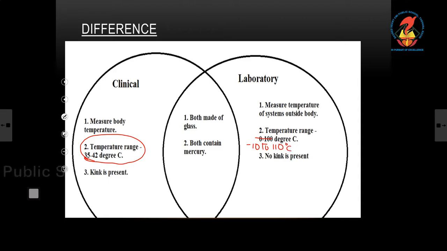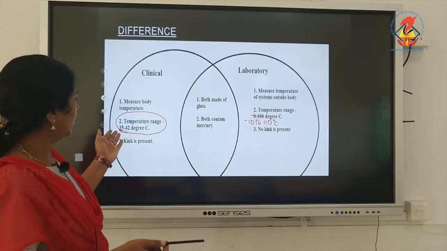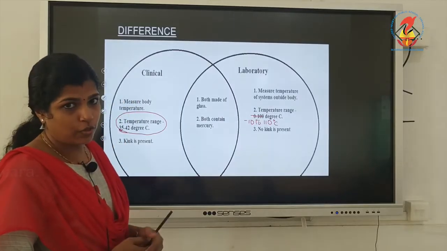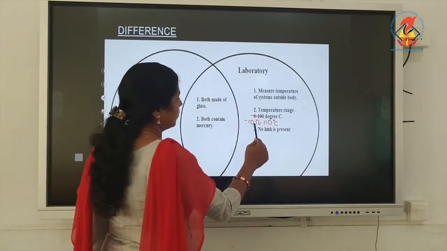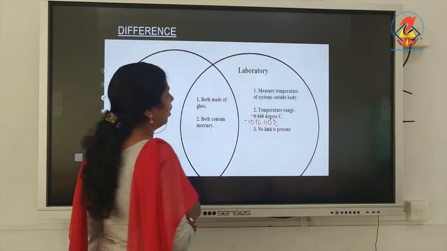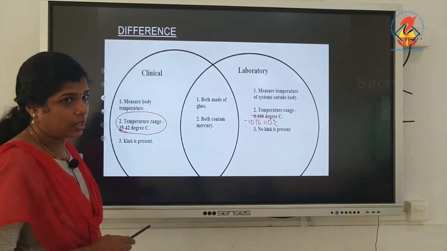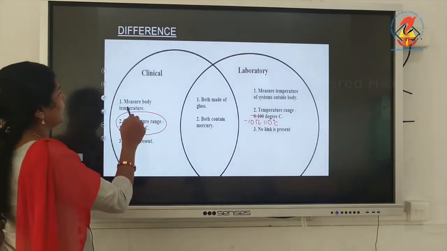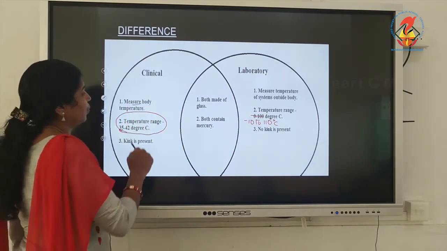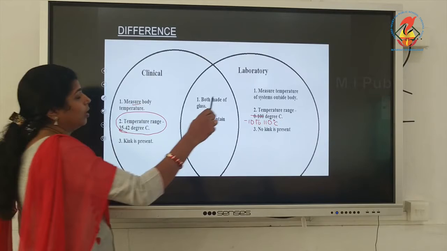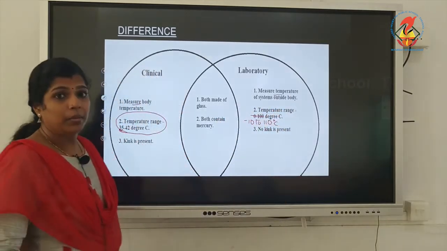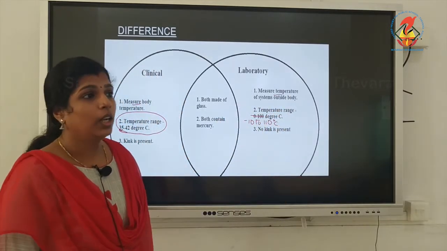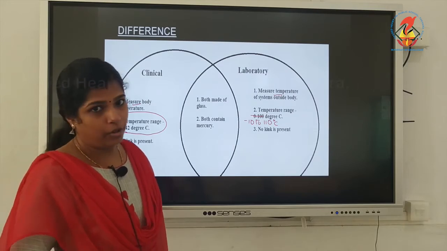It may change depending upon the thermometer. So, the temperature range is from 35 to 42 in the case of a clinical thermometer. In the case of a laboratory thermometer, it is from -10 to 110 degrees Celsius. A clinical thermometer is used to measure the temperature of our body, and a laboratory thermometer is used to measure the temperature of objects in the laboratory.